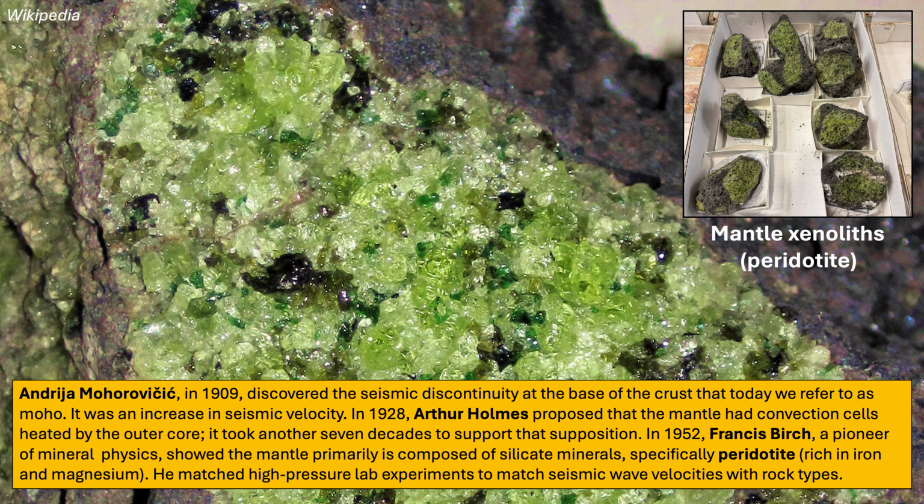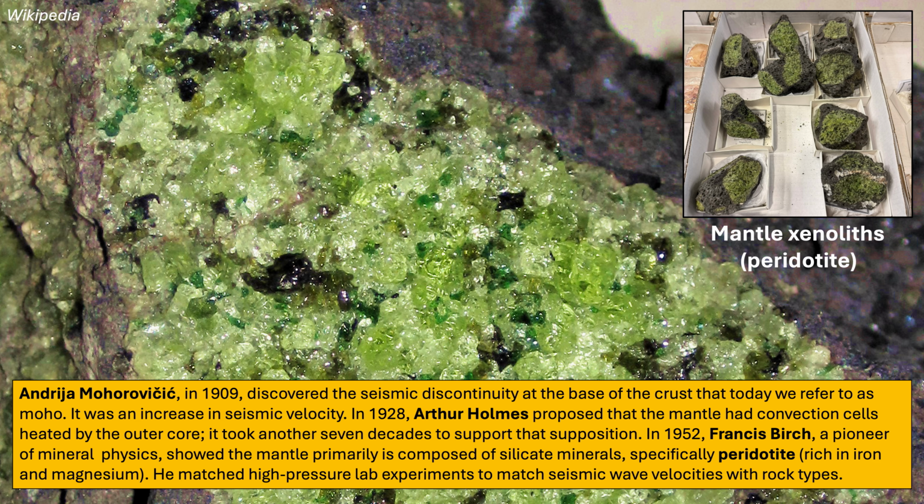Arthur Holmes said, maybe if there is continental drift, what broke up those continents is not necessarily centrifugal force, it's probably something to do with the mantle. And so he proposed mantle convection cells all the way back in 1928, predating the idea of plate tectonics, but not predating the idea of continental drift. It took seven decades to finally support that conjecture that he made.